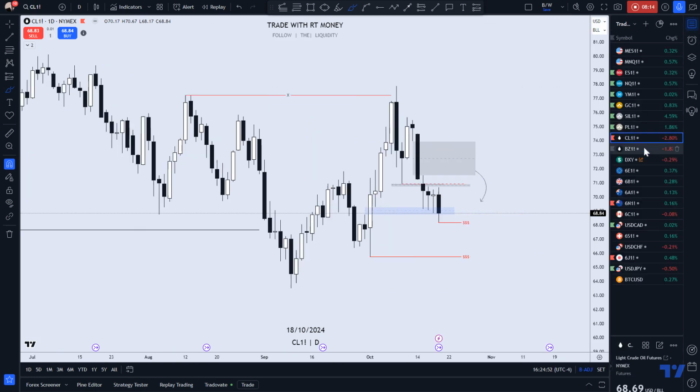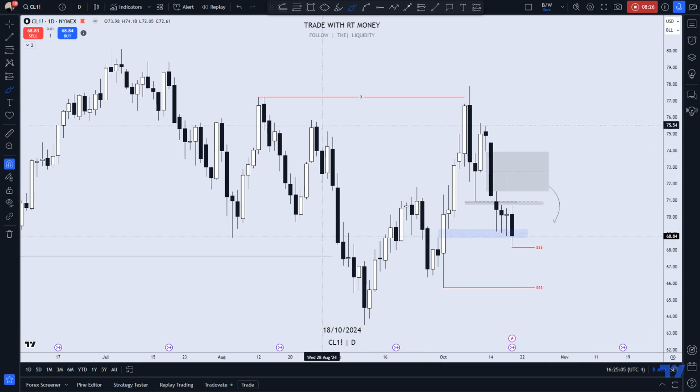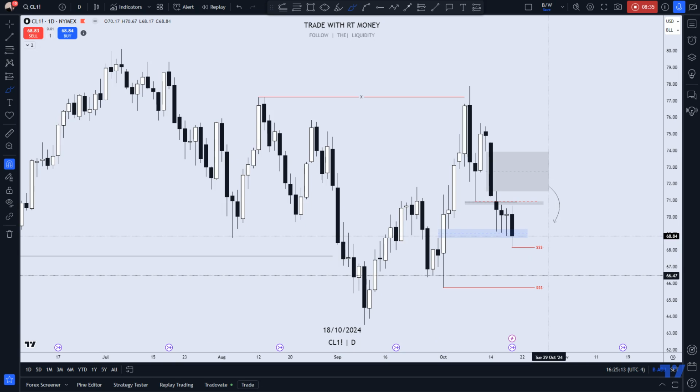I just remembered. I'm going to look at the Brent oil, the UK oil here. It is virtually the same. If you go up to this, this is crude oil, US oil. And this is Brent, UK Brent.